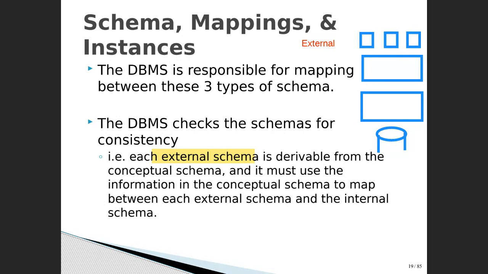So external subschemas, conceptual schema, and the internal schema, because we are providing description of the database, description of external subschemas, description of conceptual schema, and description of internal schema. So any description here will be mapped, or any information or data available in each schema will be mapped with other schemas.